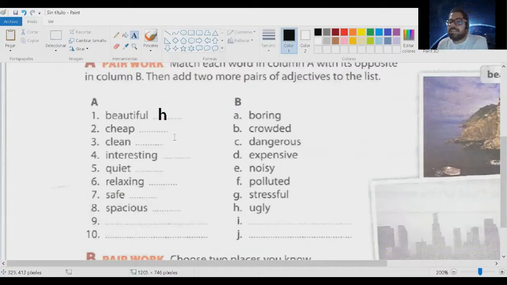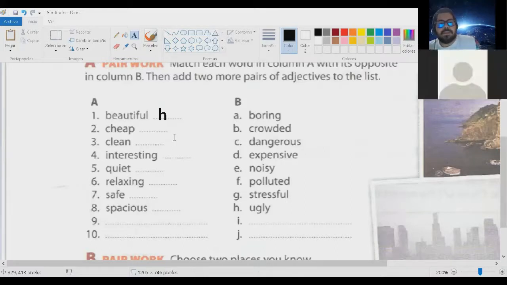What about the next one, guys? Do you know what is cheap? Barato. Exactly. What could be the opposite of cheap in there? So we have the verb, the action, the adjective cheap. When something is not cheap, what is the opposite? Expensive. Expensive, guys. Exactly.